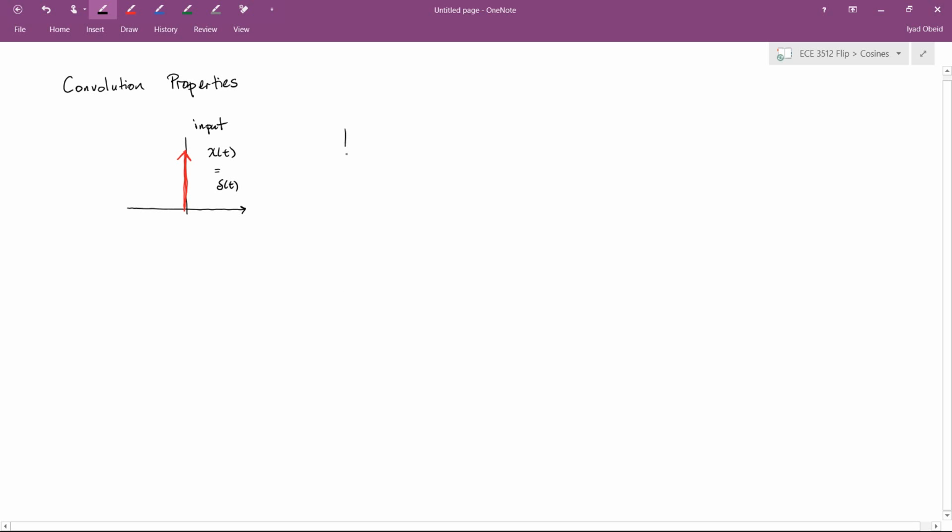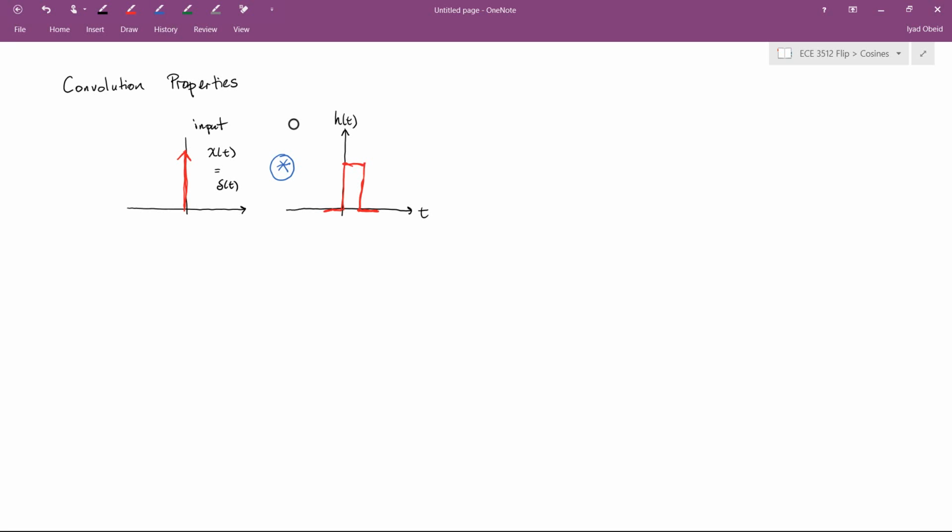And let's say, for the sake of argument, that I'm dealing with a system whose impulse response looks like, I don't know, let's just give it some arbitrary shape. Let's change it up a little bit from what we've been looking at before. Okay? So let's say this is the system's impulse response. And so my question now is, if I convolve the input signal with h of t, what am I going to get as my output?